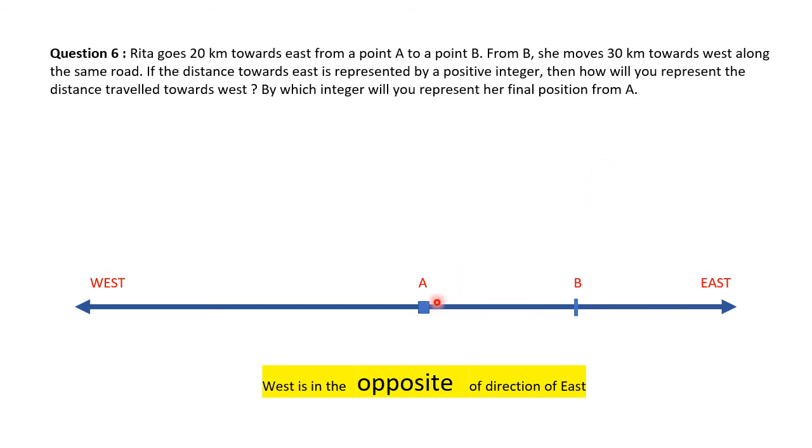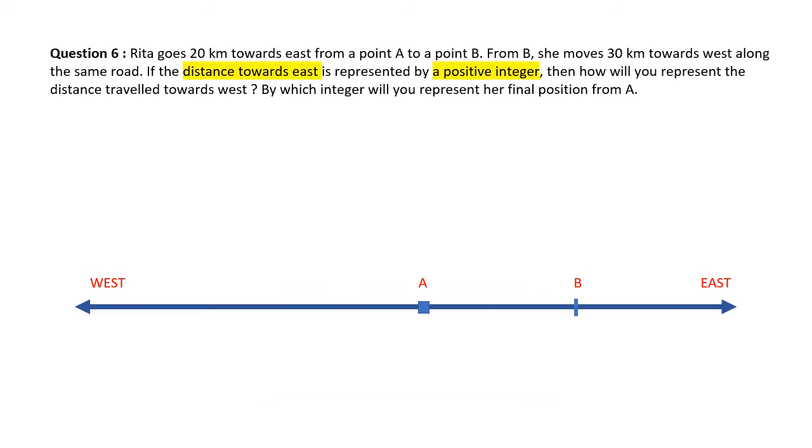So let me break down this question for you. They have told us that west is the opposite direction of east, right? So this is a road. This is towards the east side and this is towards the west side. We have 2 points given in the question, A and B. Now, the part of the question that we need to focus on is that distance towards east is represented by a positive integer.